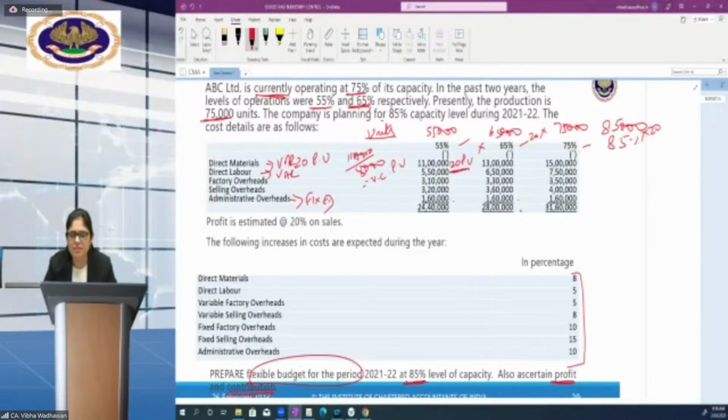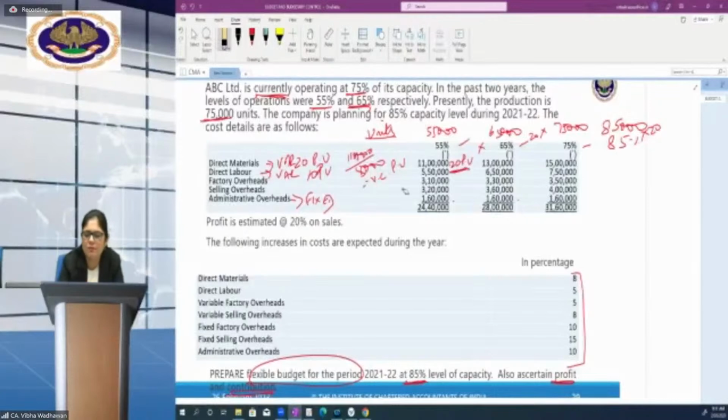It's 100% variable. 5,50,000 divided by 55,000. You can check with every level of activity. The per unit will continue to be constant for every level of activity. For labor, the per unit variable cost is 10 per unit. So it has to be 10 for every level of activity, right?